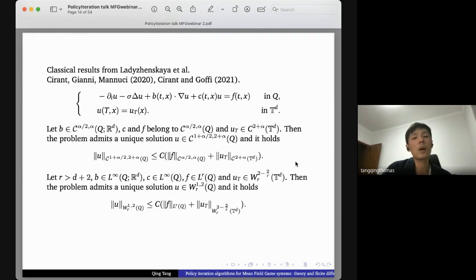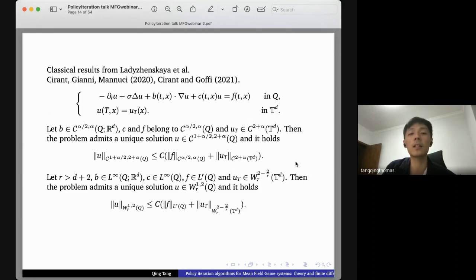Okay, I will not go into details here, but these are just some parabolic estimates I'm going to use. These were originally from books by Ladyzhenskaya, but you know these. It's better to read the recent papers by Marco Cirant and his co-authors, which present the more modern forms, which have been applied to mean-field games.